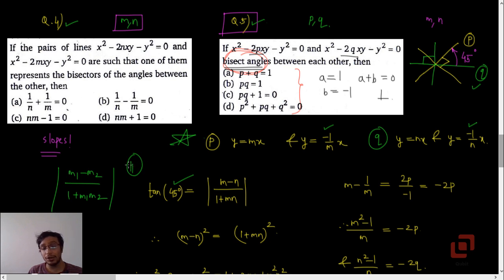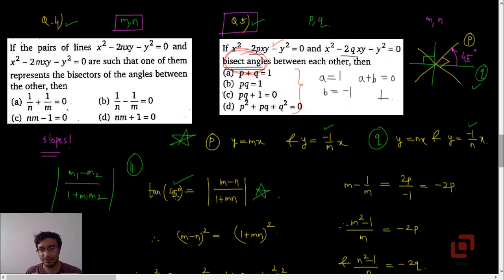So here we are not using the tan theta formula from pair of straight lines, 2 root h squared minus ab upon a plus b, because we are not interested in finding the angle between the lines given by the joint equation. Okay, yes, so tan 45 is mod of m minus n upon 1 plus mn. Yes, and once you understand this, then the rest is simplification.